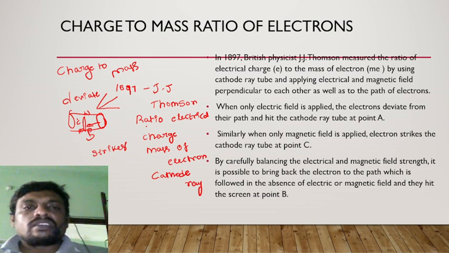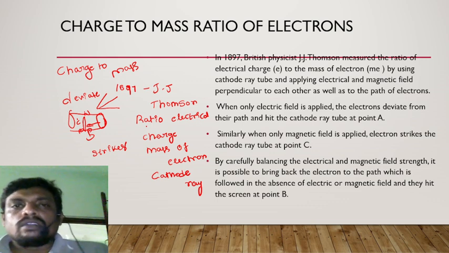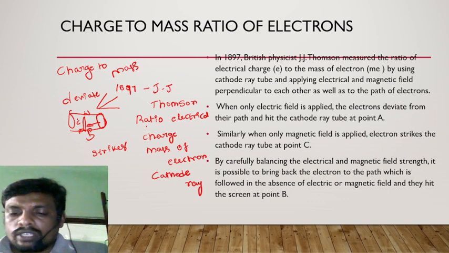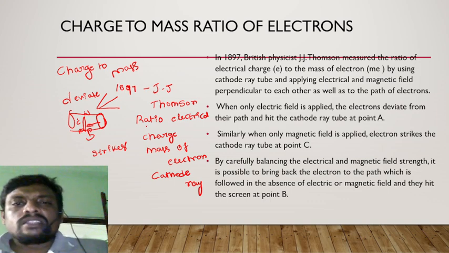Whenever these two fields are acting upon the cathode ray tube, electrons change their path.